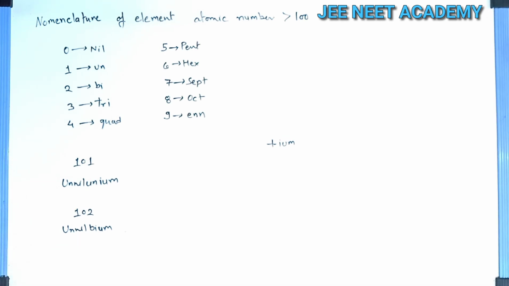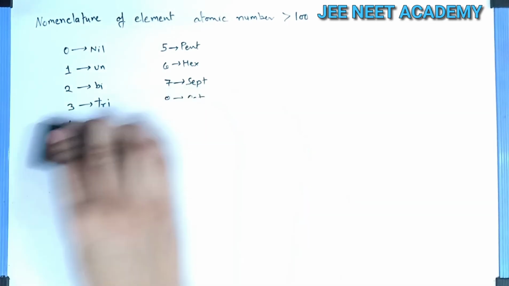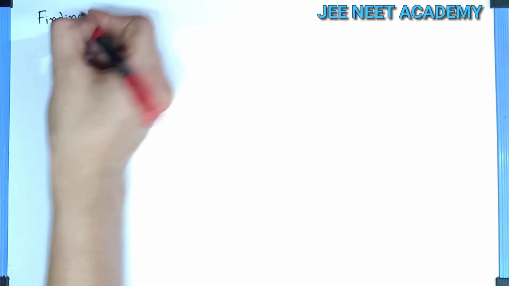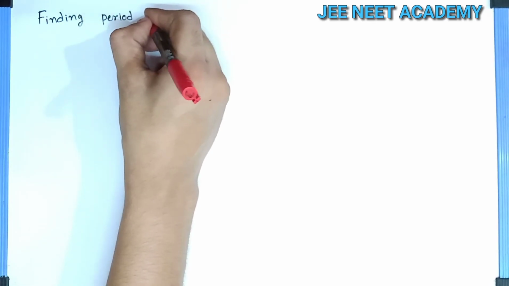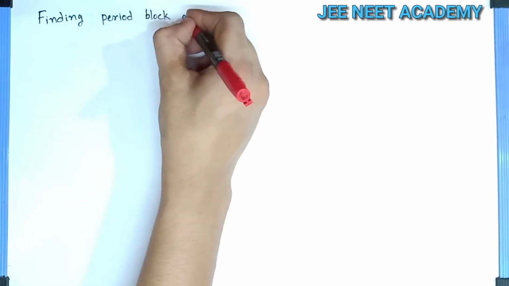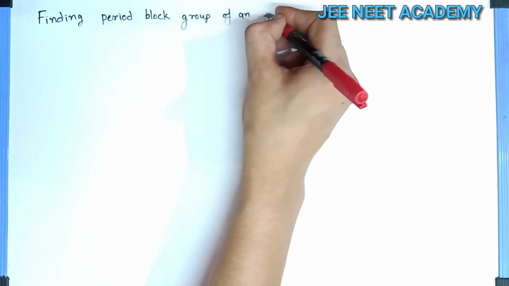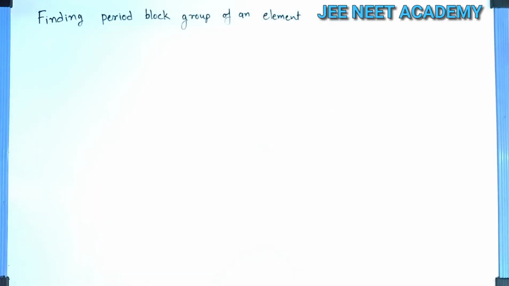Now we'll start finding the period, block and periodic group of an element. So first of all, we'll do the block.